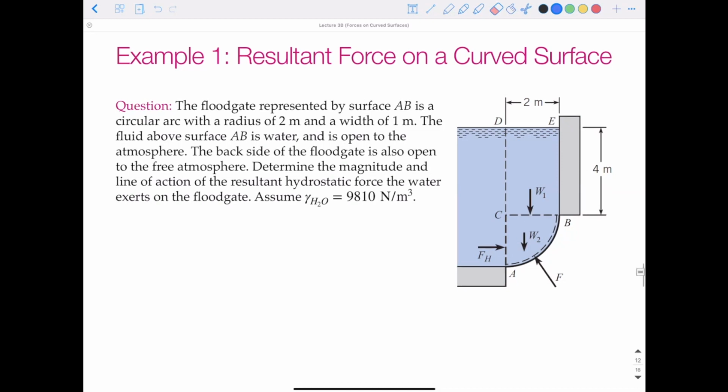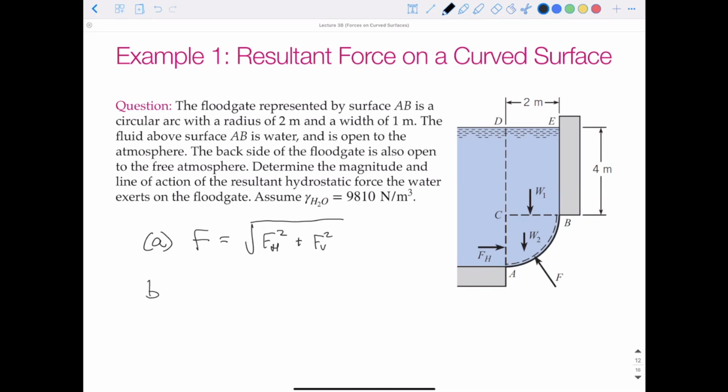So what do we have to do? We have to find the magnitude of the hydrostatic force, F. And that's going to be equal to the square root of the sum of the squares of the horizontal and vertical components.